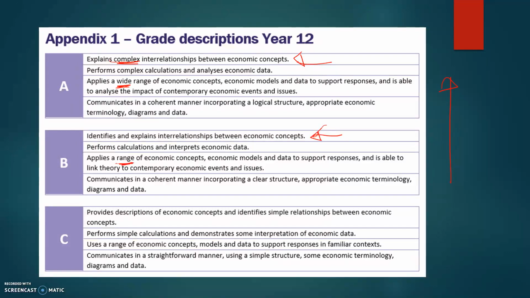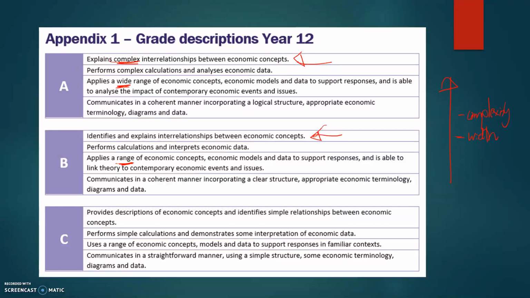So when you're looking to improve your writing, you need to highlight where you want to improve your writing and your responses, and then focus on those. So the key ways to improve would be to focus on complexity, and sort of width of concepts.